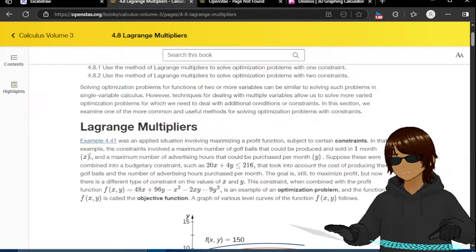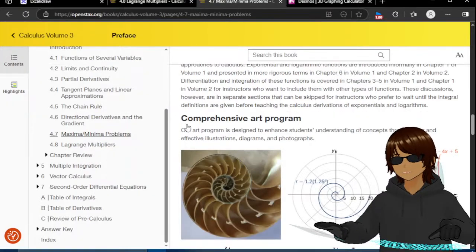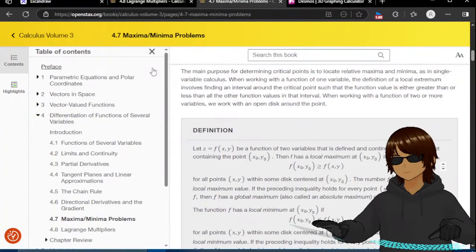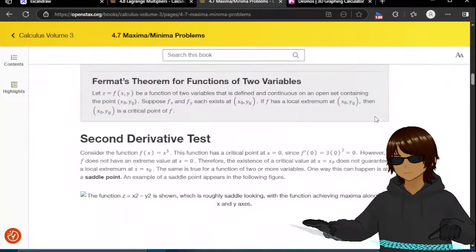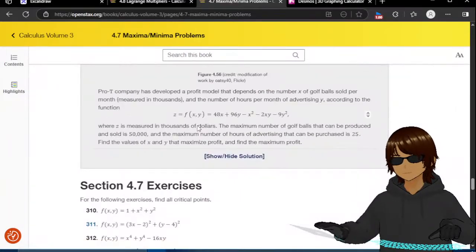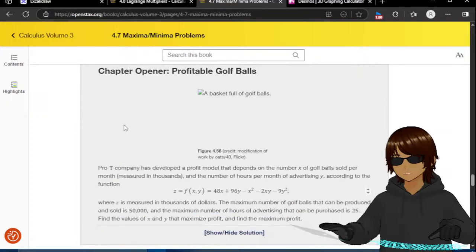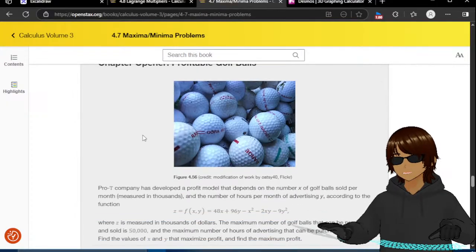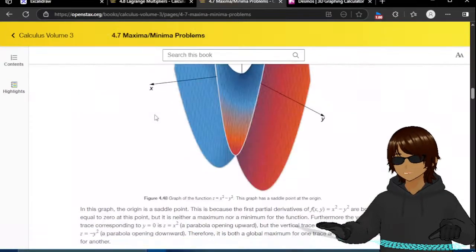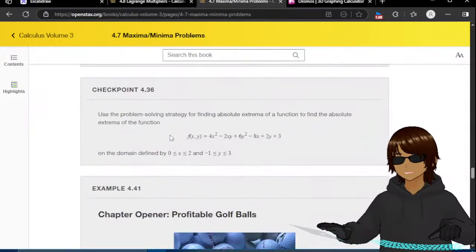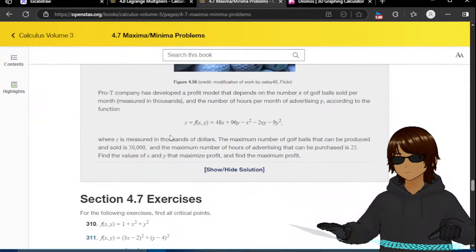This is 4.41. Okay, let's try to do this. I don't think I will get it correct, but let's try to do this anyway.